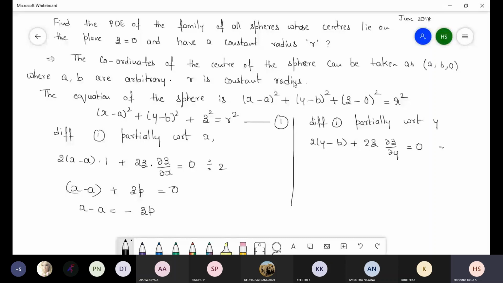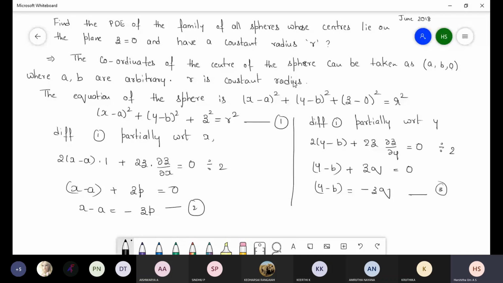I divide this equation by 2. So we get y minus b plus z into dou z by dou y, whose value is q, equal to 0. As we have to eliminate, I will write y minus b is equal to minus zq. I call this one equation 2 and this one equation 3.